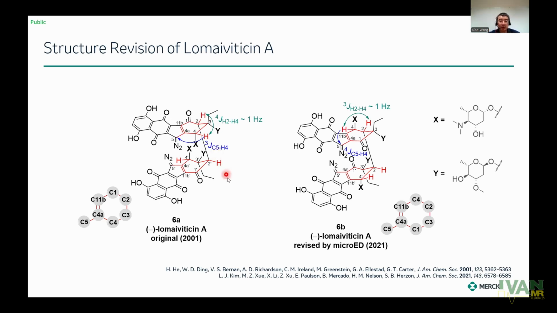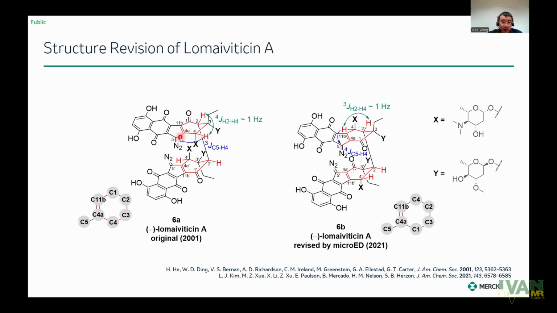In the original structure elucidation, the carbon connection on the cyclohexenol ring was determined by this. They observed a weak coupling, like 1 Hz, between H2 and H4, and naturally they thought this was a 4-bond W coupling. The structure also made sense because they also observed the HMBC from this proton to the diazo carbon.